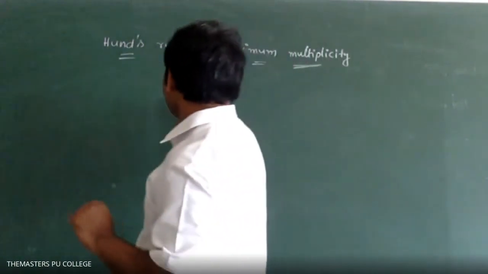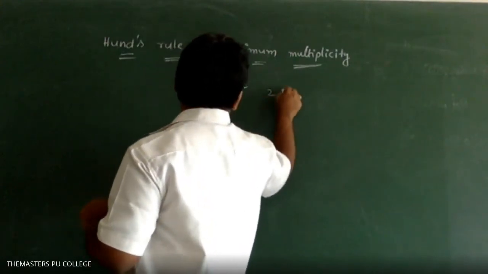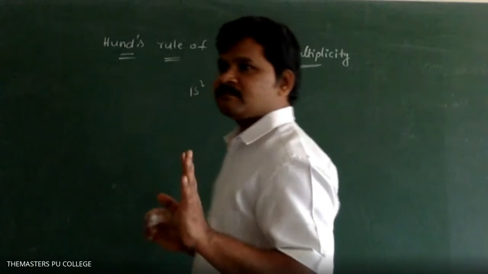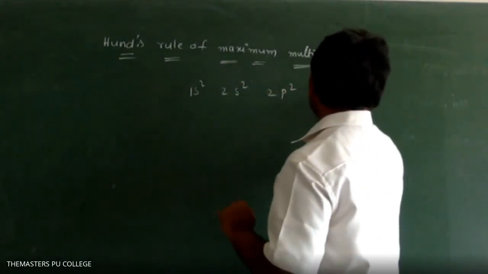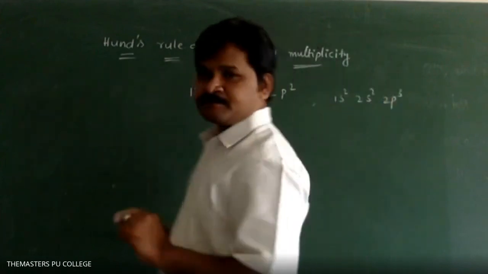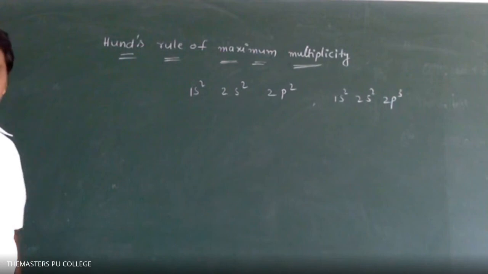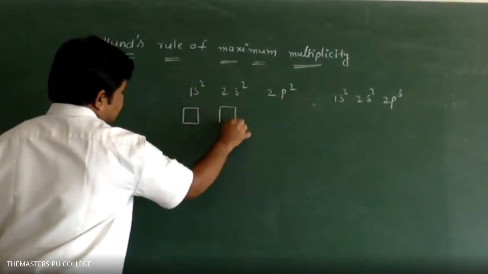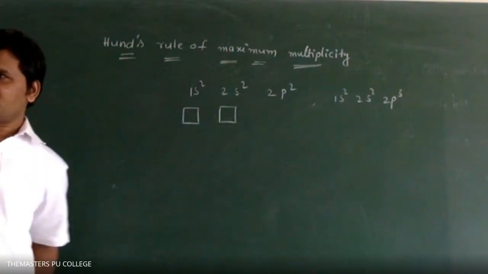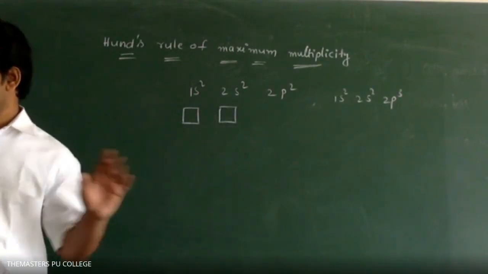Say, for example, I have 1s2, 2s2, 2p2 configuration. Another one is 1s2, 2s2, 2p3 configuration. 1s means how many boxes? One box, sir. S means whatever the s orbital, 1s, 2s, 10s, 100s, that is one orbital, one box only.